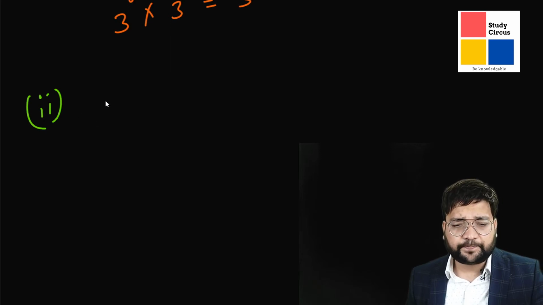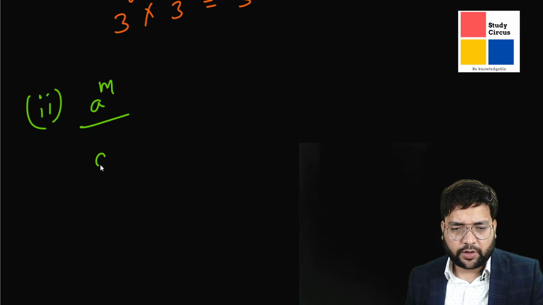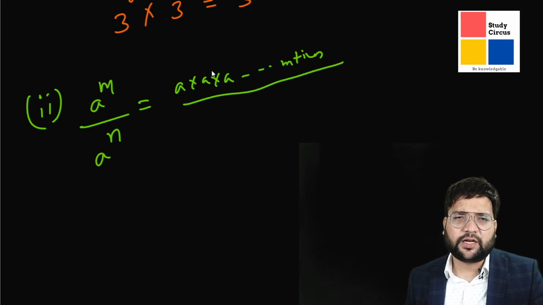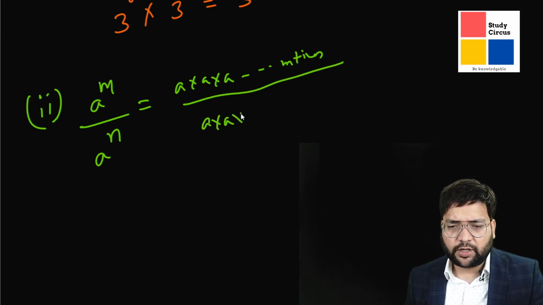Again, a similar thing, the second rule. Now if I say a to the power m upon a to the power n, what is this? This is a into a, m times, and let's say m is more than n, and this is a into a, n times.